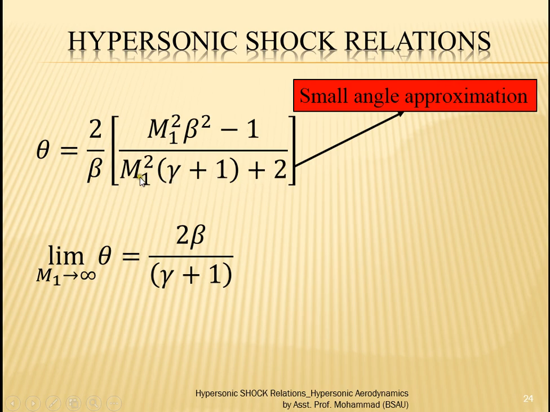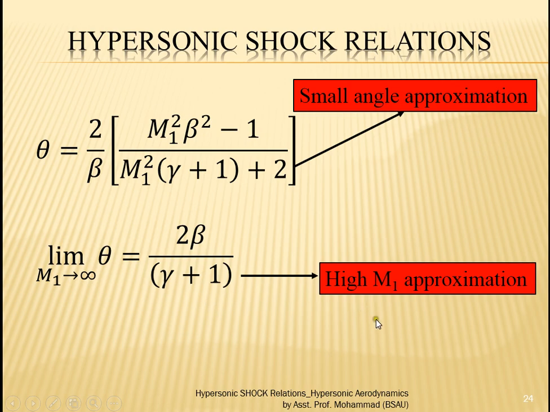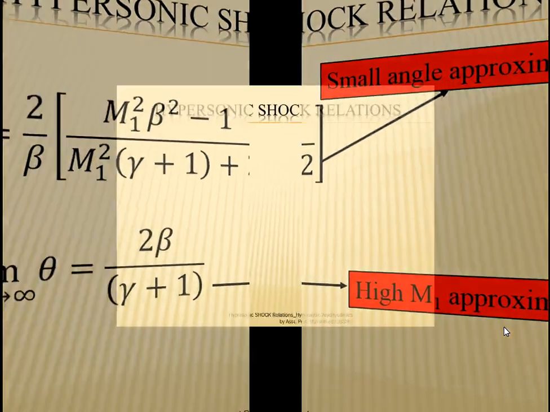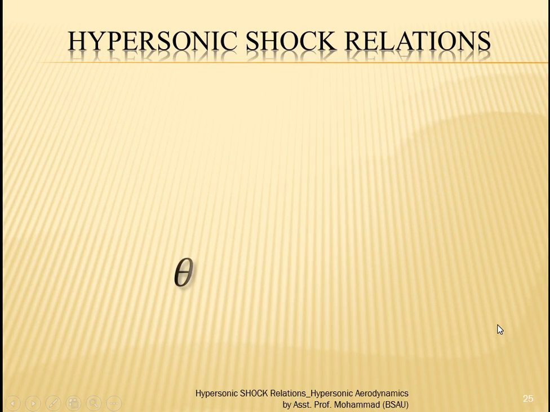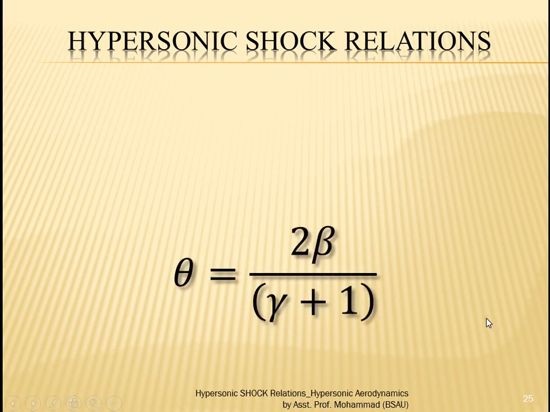In that case, the M squared terms cancel each other, and one beta is also cancelled, so we get 2 beta by gamma plus 1. A very simple relation after applying the high Mach number approximation. So we got the relation theta is equal to 2 beta by gamma plus 1, and this tells us that it is actually a linear relation.